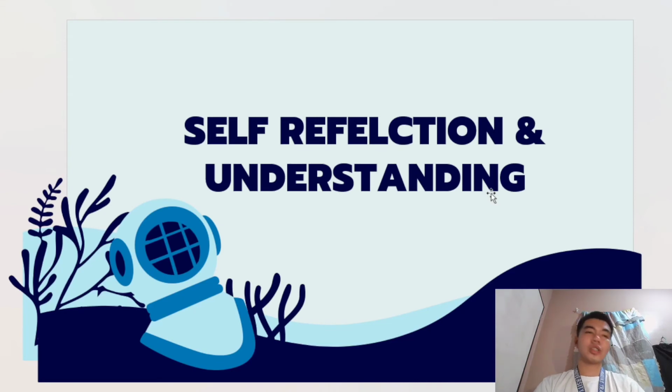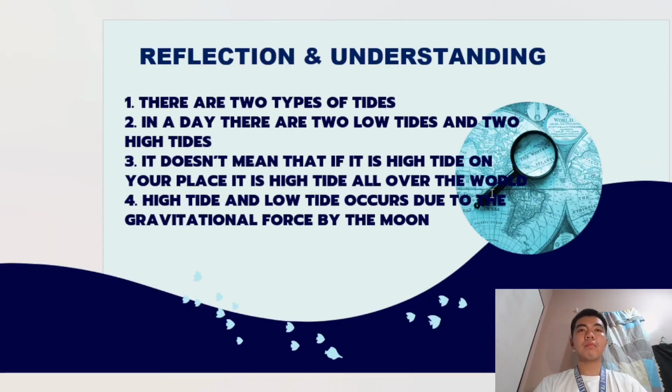So, self-reflection and understanding. Along the way of gaining knowledge from Sir Wayne, what I have learned is that, first, there are 2 types of tides. We all know that they are high tide and low tide.